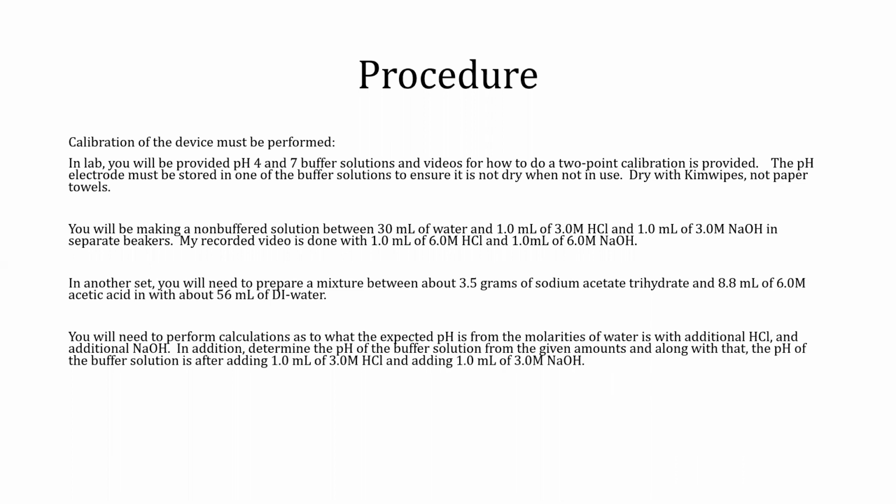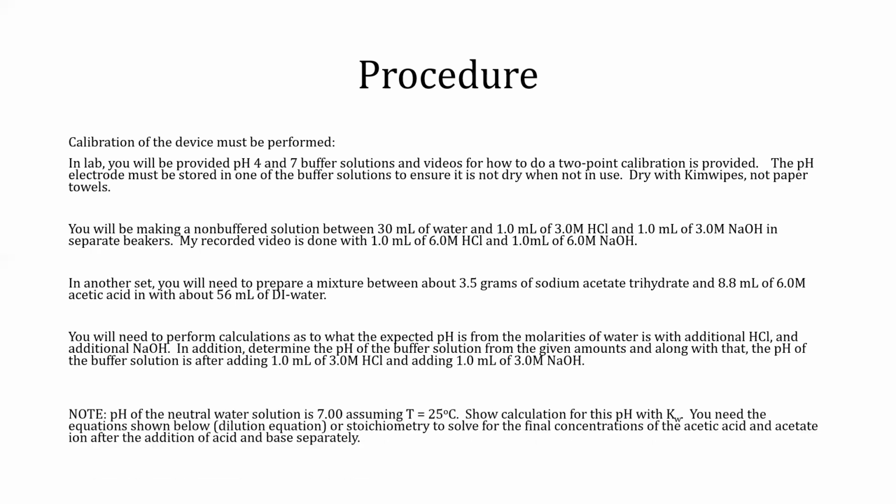You will need to perform calculations as to what the expected pH is from the molarities of water with additional HCl and additional NaOH. In addition, determine the pH of the buffer solution from the given amounts, and along with that, the pH of the buffer solution after adding 1 milliliter of 3 molar HCl and adding 1 milliliter of 3 molar NaOH.